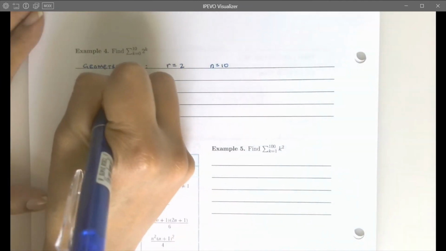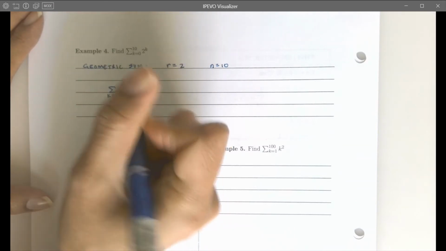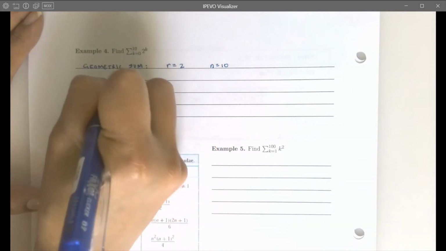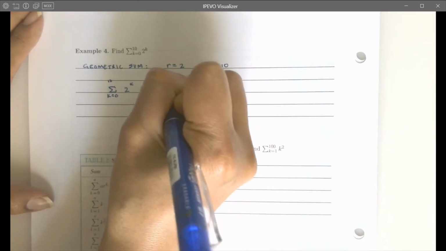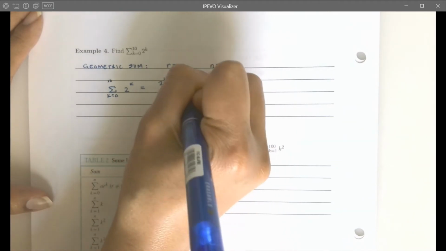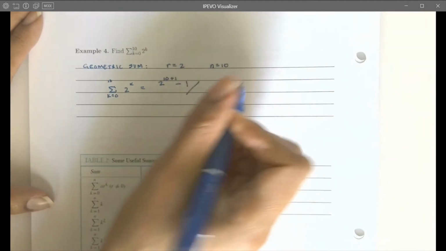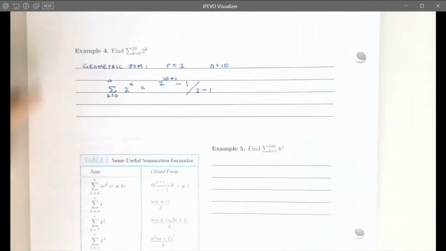So according to the theorem that we just proved, if you have the sum k equals 0 to 10 of 2 to the k, that's going to be 2 to the ending index plus 1, so 2 to the 10 plus 1, minus 1, all over r, which in this case is 2, minus 1.